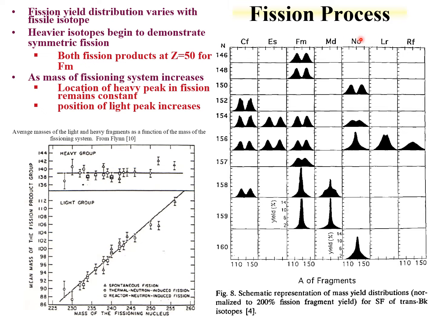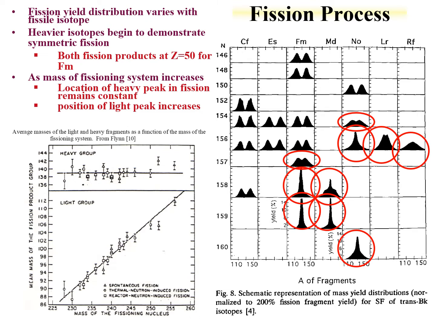These are the different isotopes. We can see that those in the circles here are all symmetric. So we can definitely understand that the fission distribution is a function of the energy, as we've already shown, but also the fissile isotope that's undergoing fission.